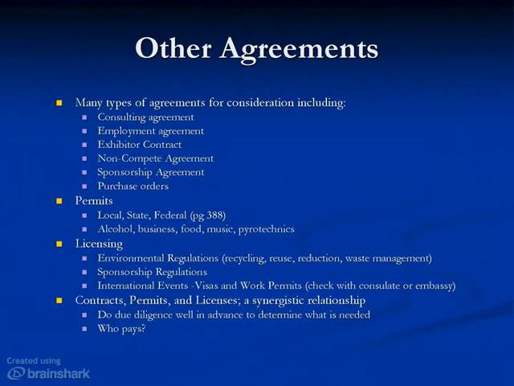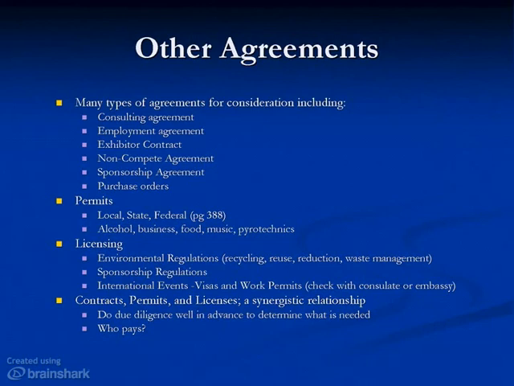Other agreements. There are many types of agreements for consideration, including consulting agreements, employment agreements, exhibitor contracts, non-compete agreements, sponsorship agreements, purchase orders, permits, local, state, and federal permits, as examples on page 388: alcohol, business, food, music, pyrotechnics.